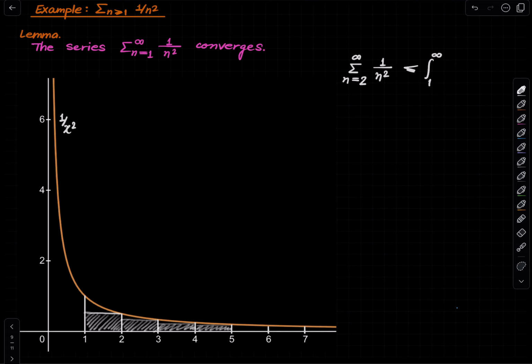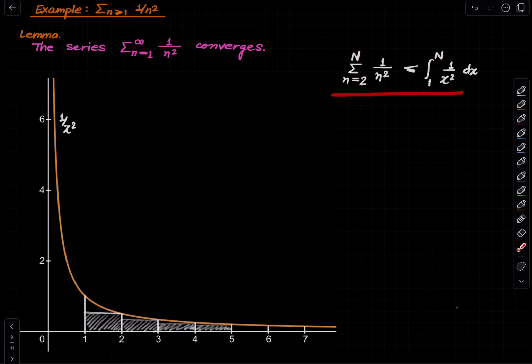But if you're really uncomfortable, I will write a capital N here. Now it's completely formal, the integral of that thing. Let me just be a little careful. Suppose I was doing from 2 to 2, I would say this is 1 to 2, and that is correct. Yeah, so this is fine.